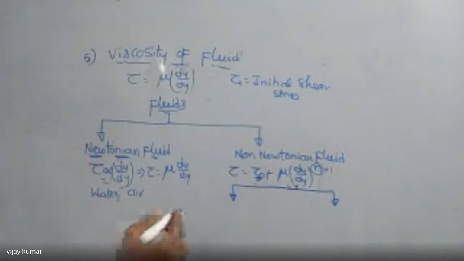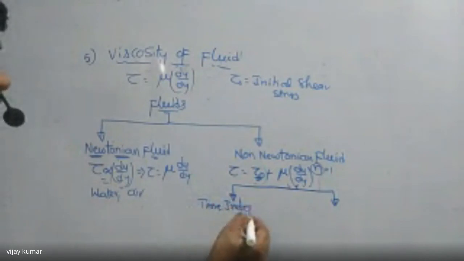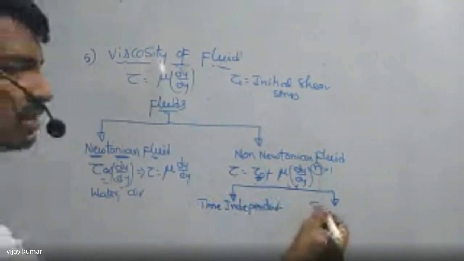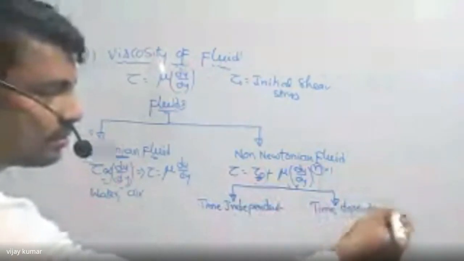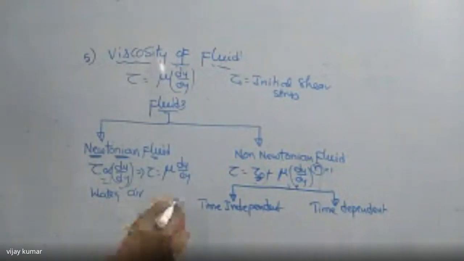The first one is time independent, and the next one is time dependent. What is the meaning of time independent? Time independent means the viscosity of the fluid does not change with respect to time. Simply, we can say d mu by dt must be equal to 0.